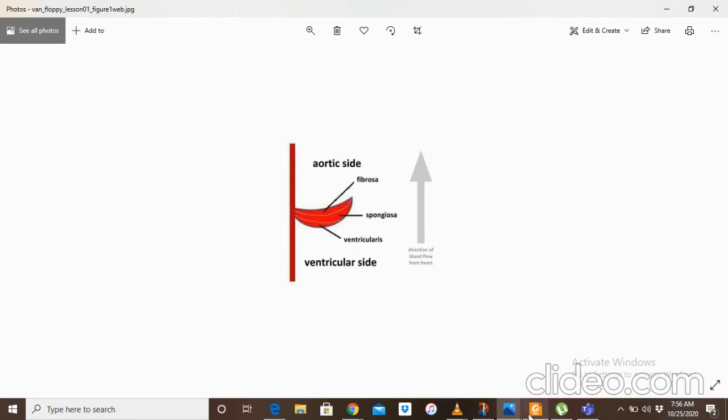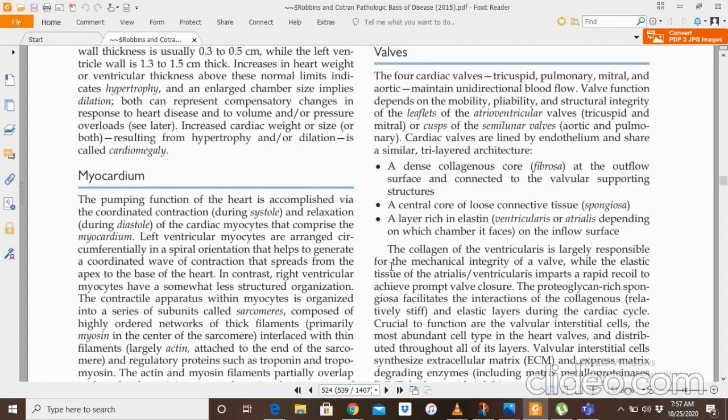Okay. Now, the collagen of fibrosa is largely responsible for the mechanical integrity of the valve. It maintains the integrity of the valve, while the elastic tissue of the atrialis or ventricularis imparts a rapid recoil to achieve prompt valve closure.